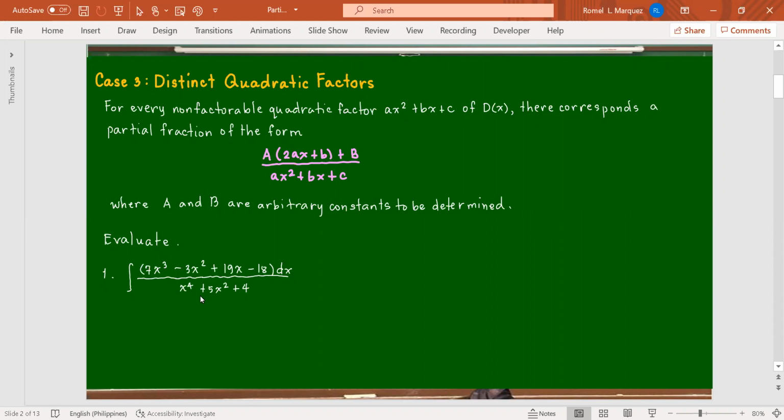The denominator, x to the fourth plus 5x squared plus 4, is factorable into x squared plus 1, x squared plus 4. And each of these factors is a quadratic, non-factorable.